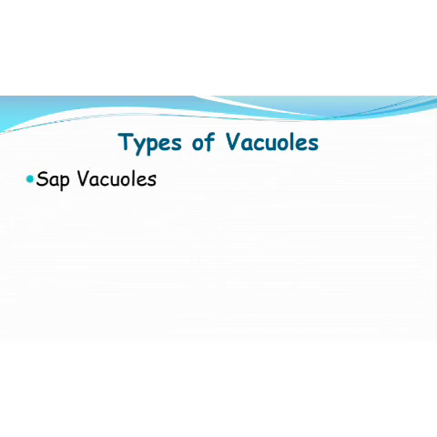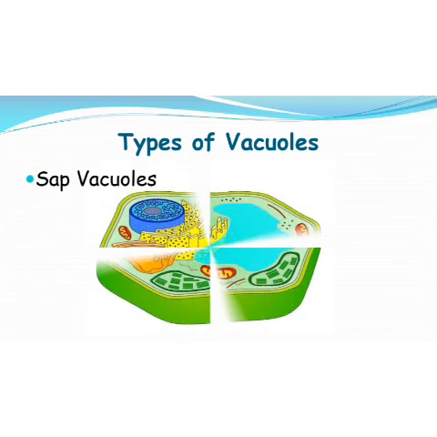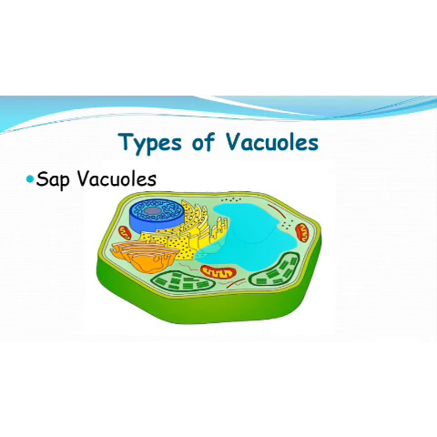The next slide is on types of vacuoles. As we have already studied the names, we will also see them with the help of a diagram. The first one is sap vacuole. We have already discussed that sap vacuoles are present both in animal as well as plant cells.